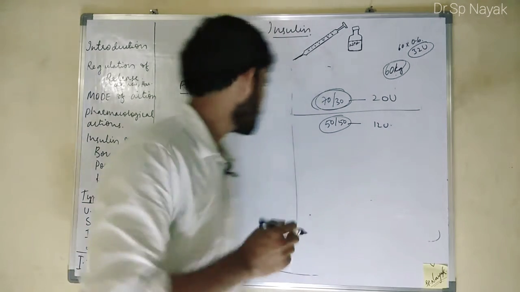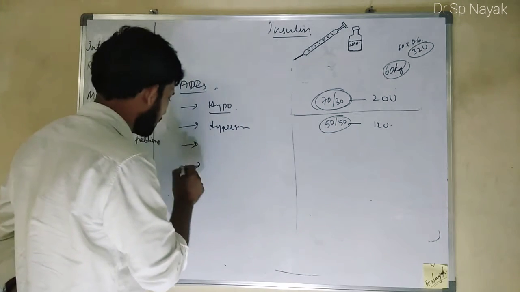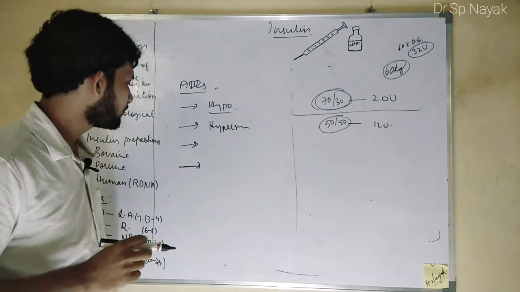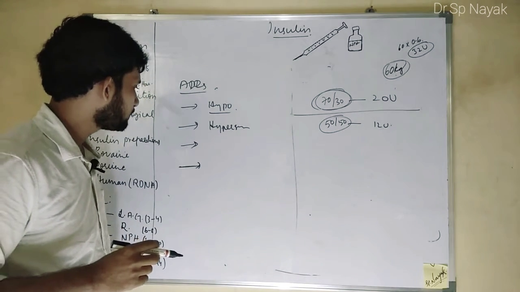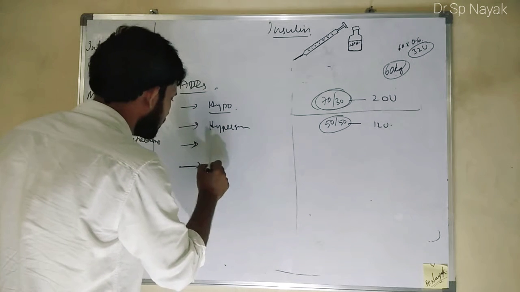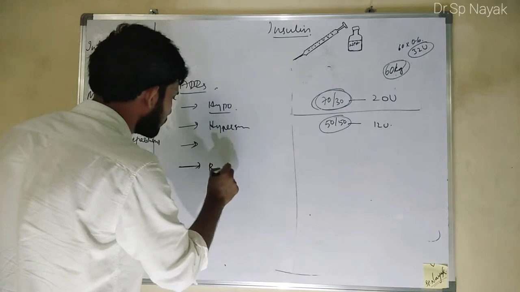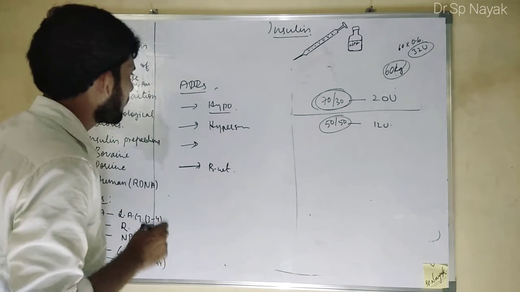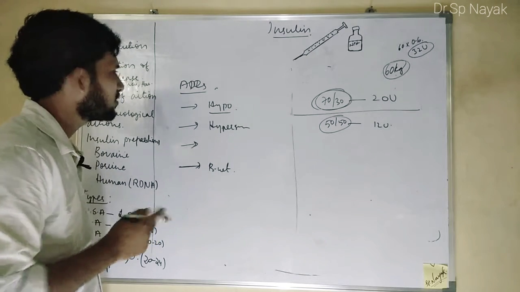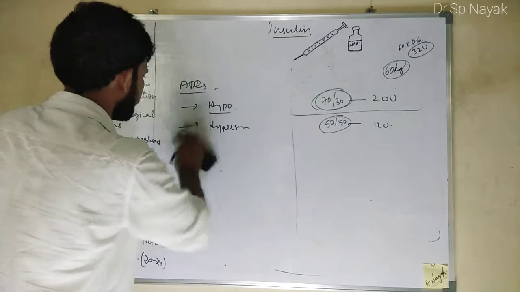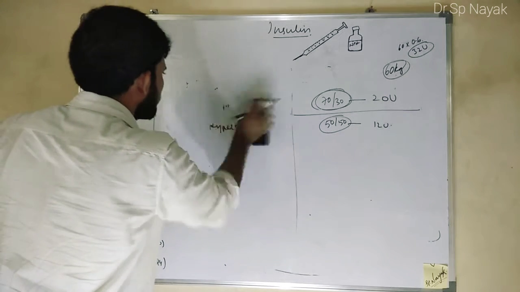So this will reduce this symptom. And the other ADR usually seen with insulin is that insulin increases body weight. So this is another ADR with insulin, and these are common ADRs which are seen with insulin. So this is about insulin.